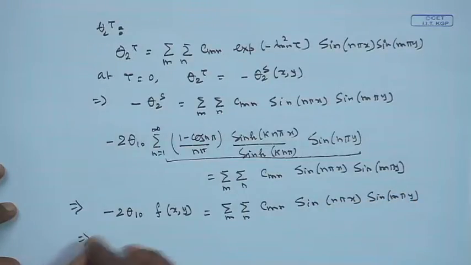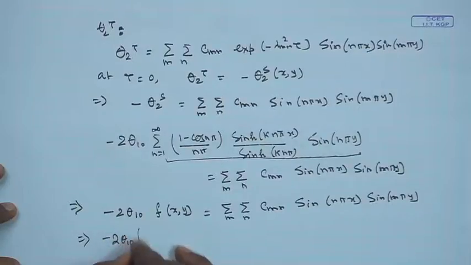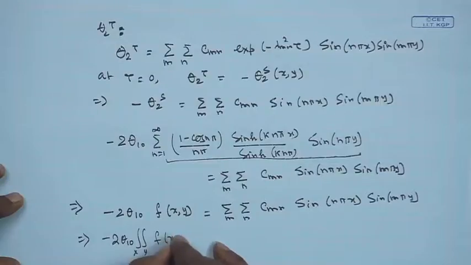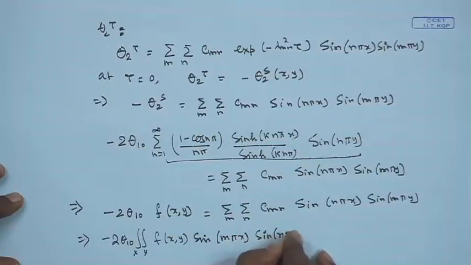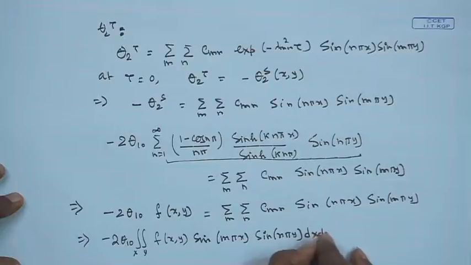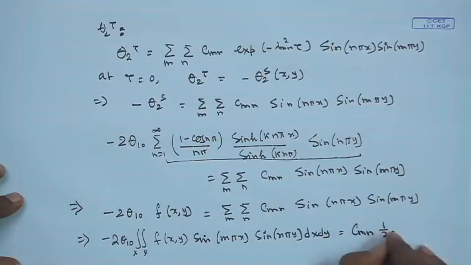So this will be minus 2 theta 1 naught, the double integral over x and y of f of x y sin m pi x sin n pi y dx dy. On the right hand side we will be getting C_mn. There will be one integral, sine square n pi x dx, which will be half, and integral sine square m pi y dy, which will be half. So there will be a factor of a quarter there.